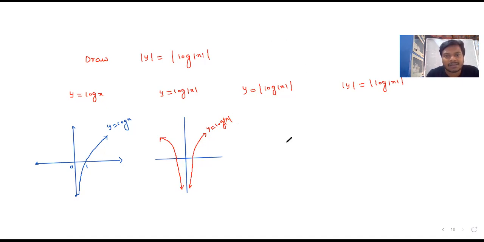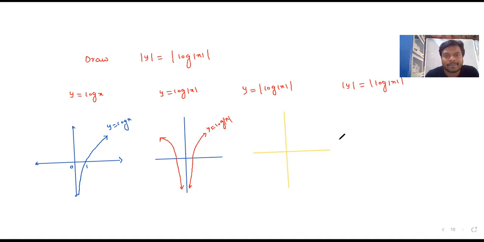Next, the graph of modulus of log of mod x. That means for the second graph, we have to apply modulus, right? For the second graph, we are applying modulus, which means we have to neglect the negative portion and reflect it into positive.